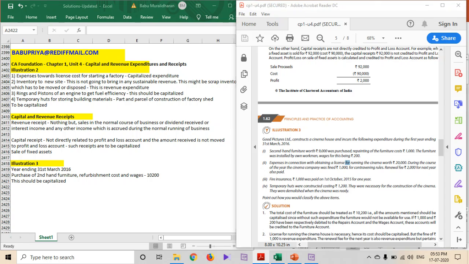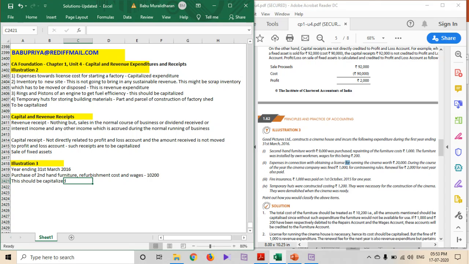Let me type here: assumed that wages paid is not normal wages but additional wages paid for this purpose. If we make this comment, then obviously it can be treated as capital, right?